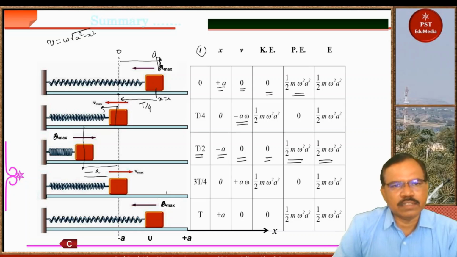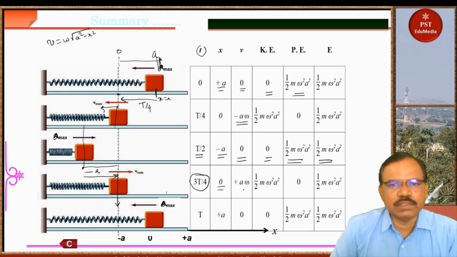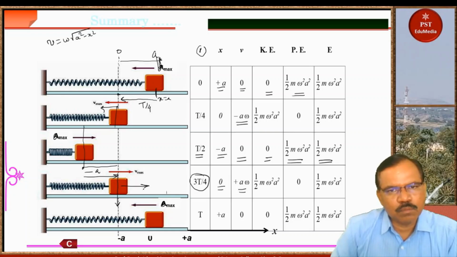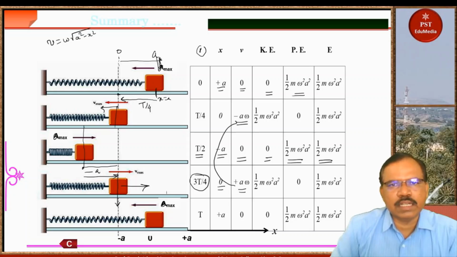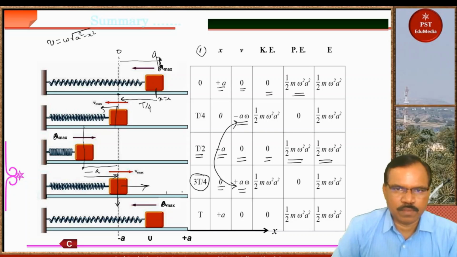Now when it returns, it will again come at equilibrium position after 3T by 4. So position becomes 0, velocity is now a omega because it is moving along positive x-axis. So see here comparison. They are equal but opposite in direction.